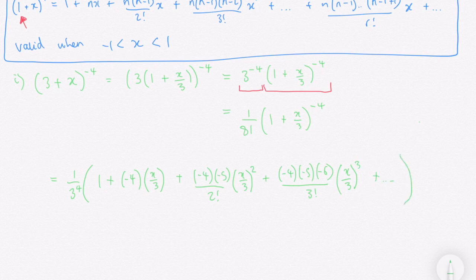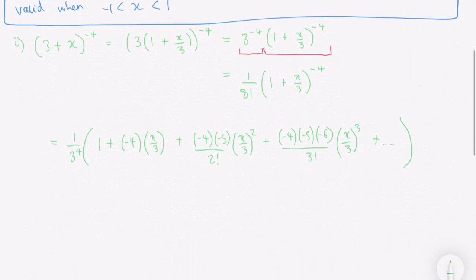So that is our binomial expansion, but we want to do a little bit of work on that to get it simplified. So I'm going to leave my factor of 1 over 3 to the power of 4. This is 1 minus 4 over 3 x. And then here we have a positive, because the two negatives multiply to make a positive. 4 times 5 times a half times 1 over 3 squared, lots of x squared.